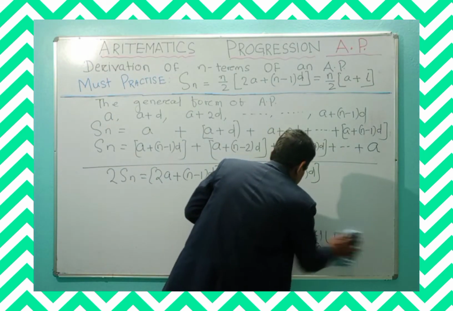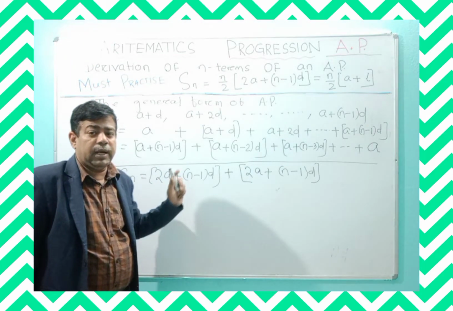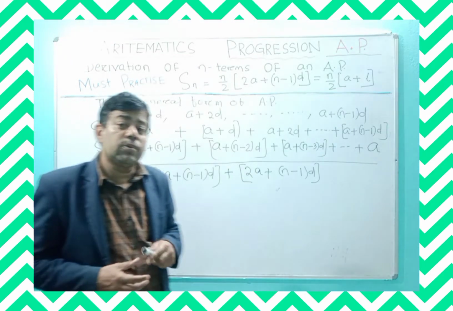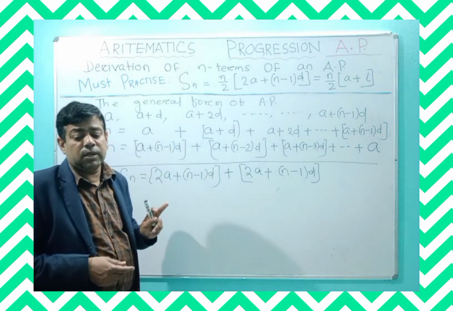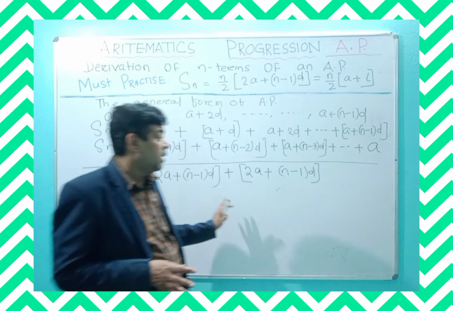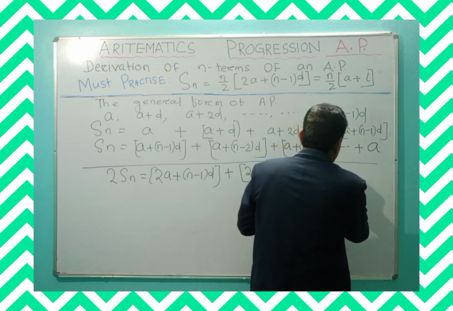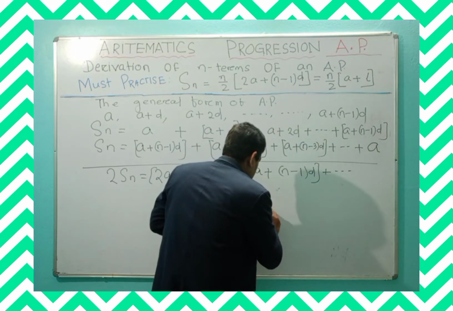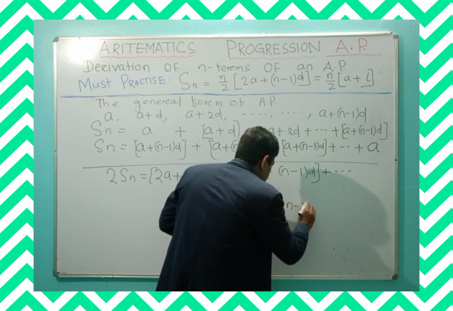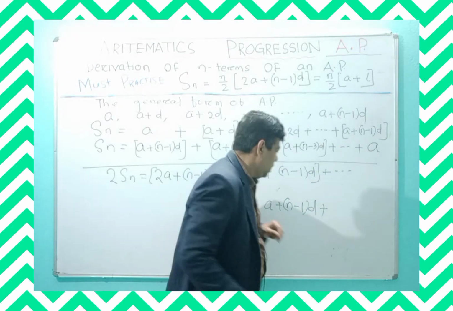Is it clear? Here is one interesting concept. In every term, whenever you add the corresponding terms of both the equations, the sum is 2a plus n minus 1 into d, and it is the same. In a similar manner, if we continue the same process, the last term of the first equation is a plus n minus 1 into d, and in the second it is a.